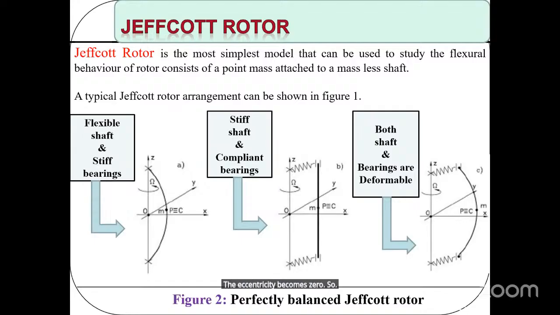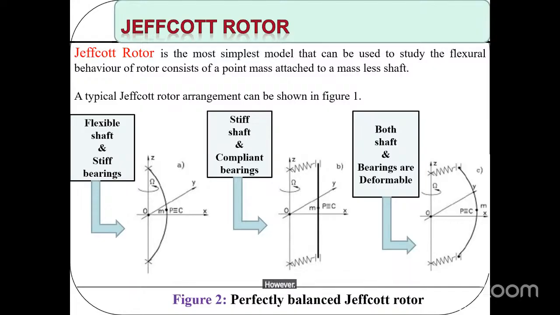So due to the eccentricity, the shaft during rotation produces a centrifugal force and it causes a deflection of the shaft. So modeling of the Jeffcott rotor is done by considering the deflections of the shaft center C, denoted by XC and YC, as well as the coordinates of the mass center P, XP and YP. The strain energy is half K times XC square plus YC square.